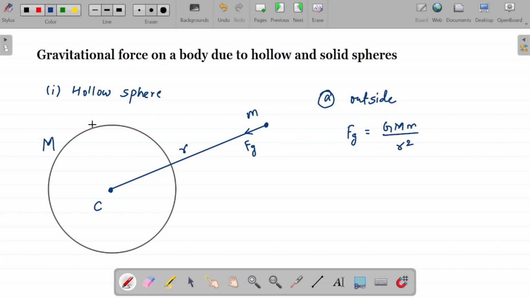That is, this sphere is acting like a point mass at its center.